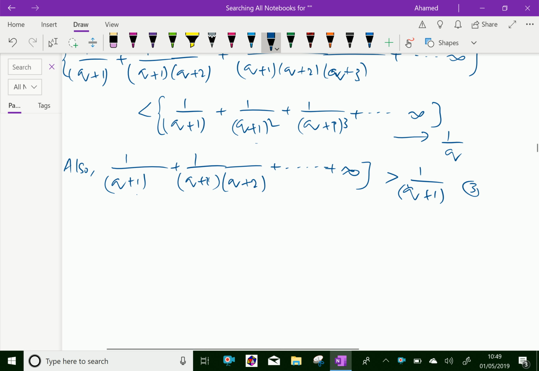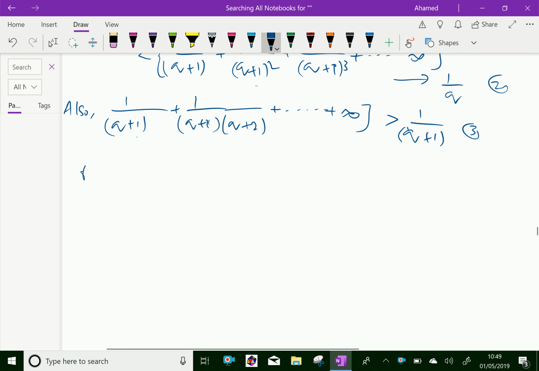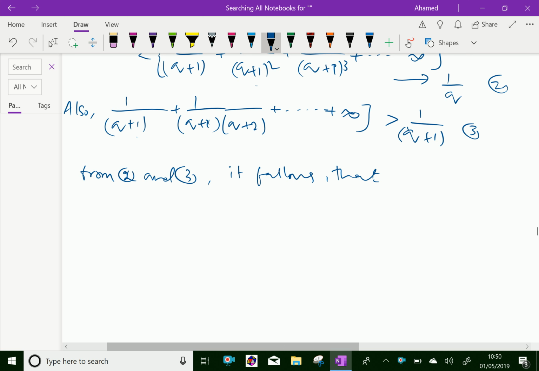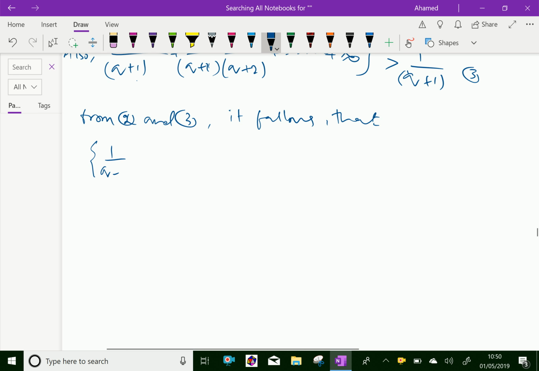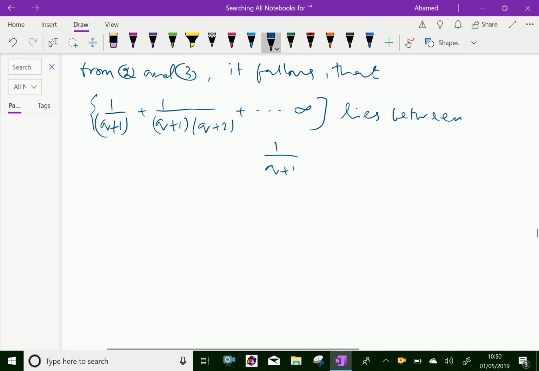From 2 and 3, it follows that this sum lies between 1 over (q plus 1) and 1 over q.